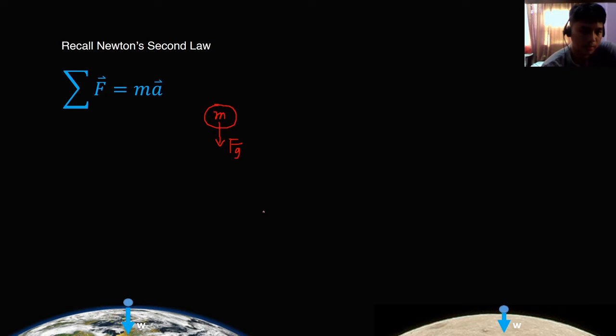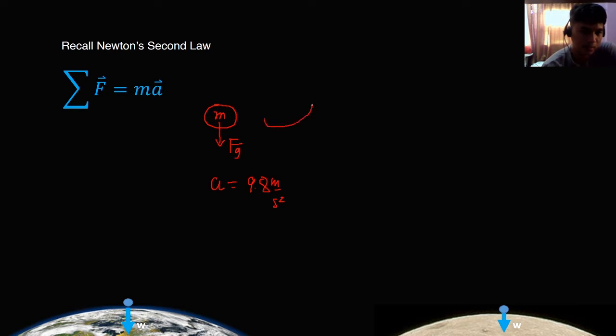So this force of gravity actually causes this object to accelerate downwards. And experiments have shown that that acceleration turns out to be 9.8 meters per second squared.